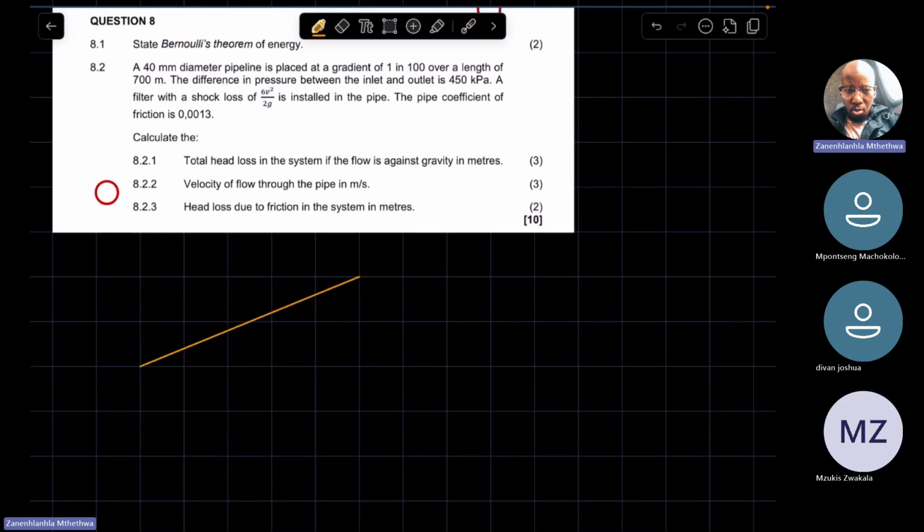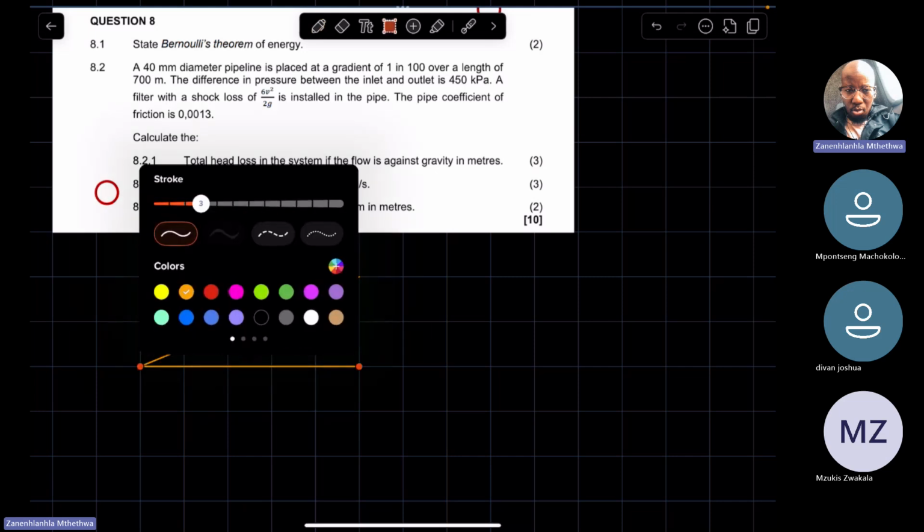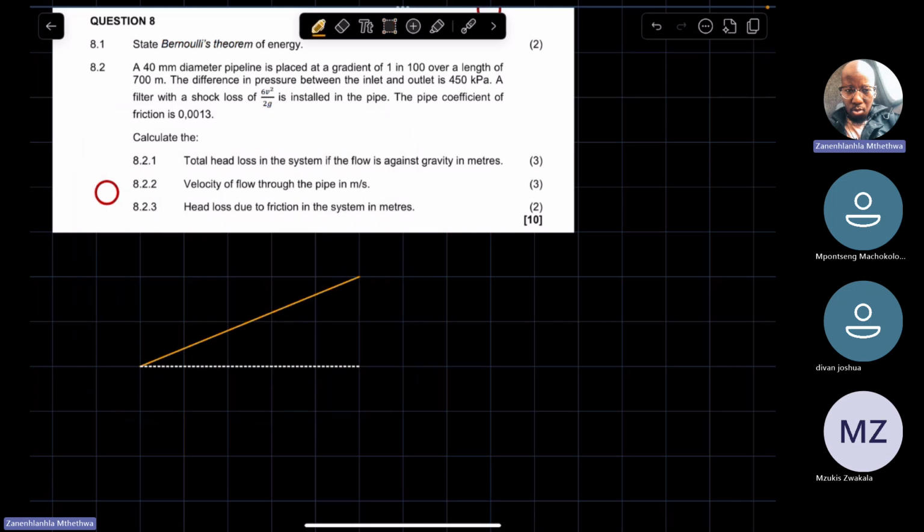So the gradient of this... maybe let me make it a different color. So that's the ground. That's the angle that the pipe is laid at relative to the ground, right?